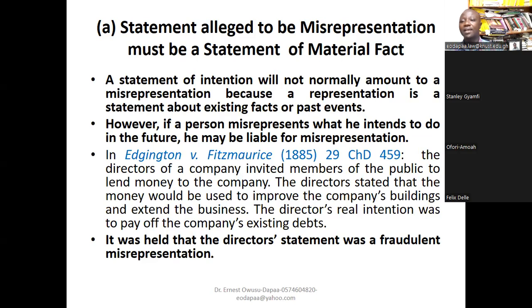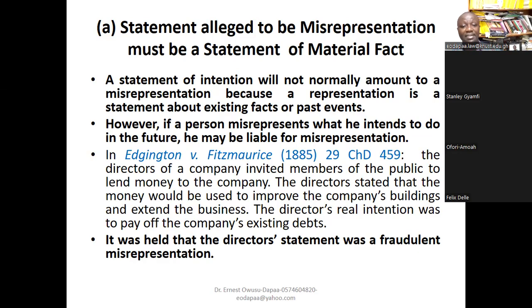Another point to note is that in talking about misrepresentation, the alleged statement, which must be a statement of material fact, also means that it should not be a statement of intention. In other words, as a general rule, a statement of intention will not amount to misrepresentation.